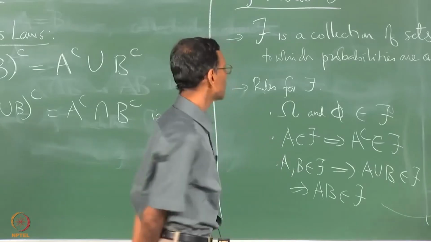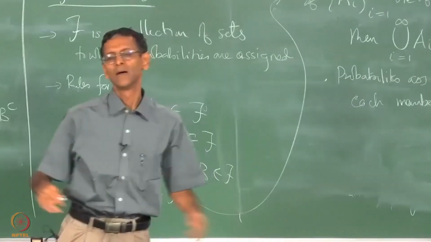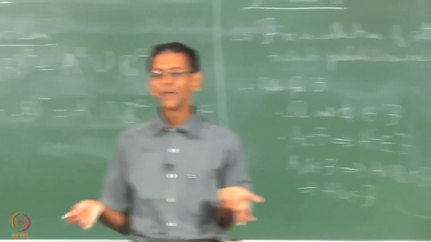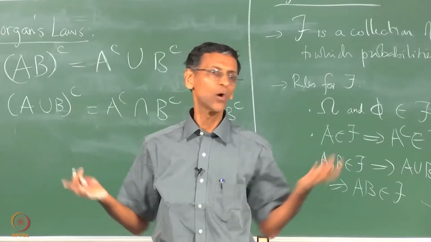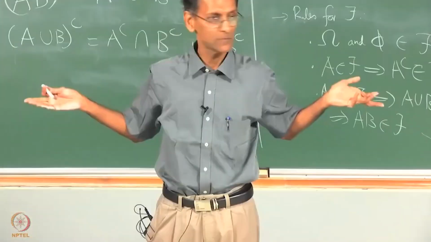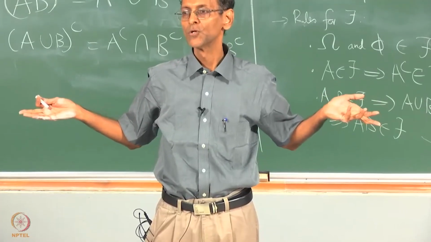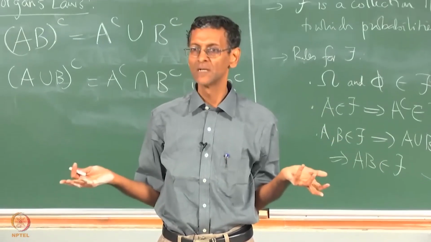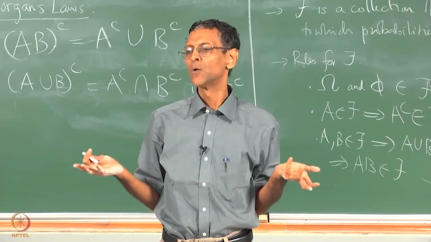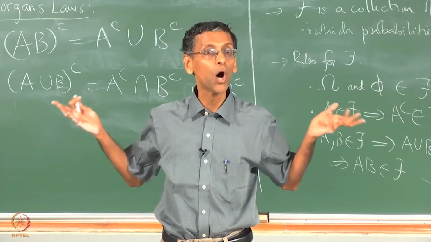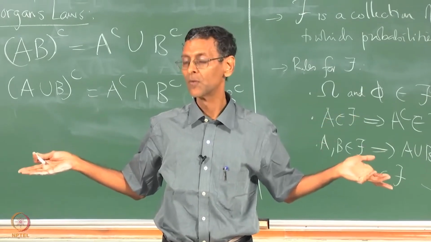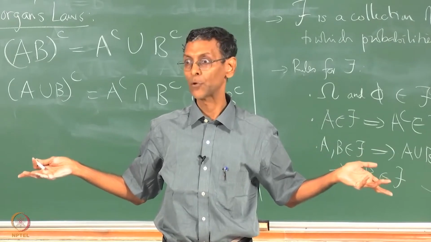Yesterday we talked about the total number of sets when the number of elements in omega is capital N. All of you said 2 power n, which is perfectly correct. So the simplest construction in such a case would be to say F consists of all subsets of capital omega.